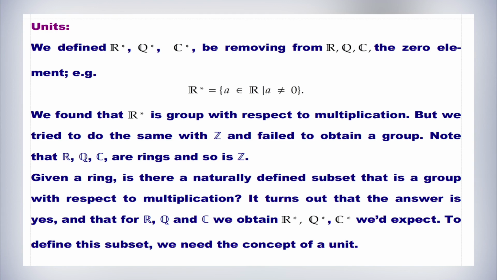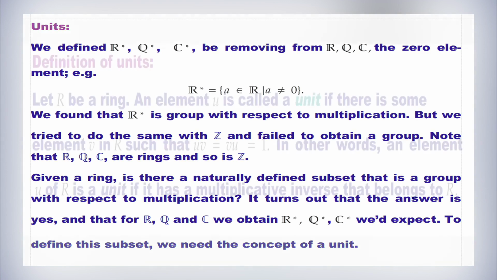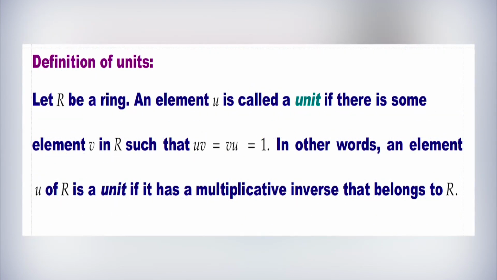It turns out that the answer is yes, and that for R, Q and C we obtain R star, Q star and C star as we would expect. To define this subset, we need the concept of a unit. So, let us recall the definition of a unit.